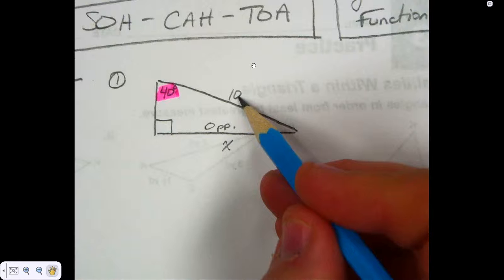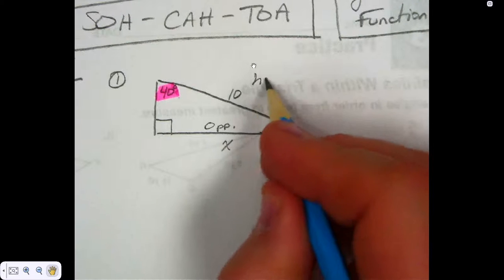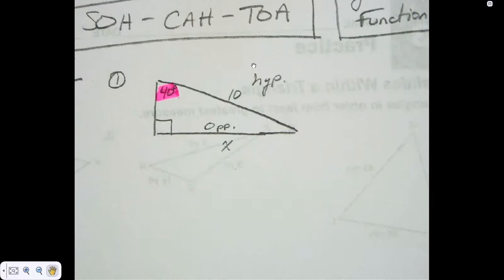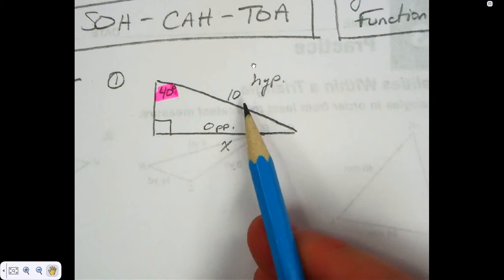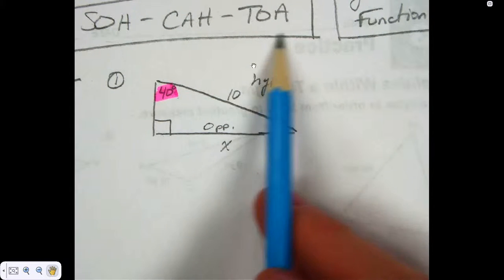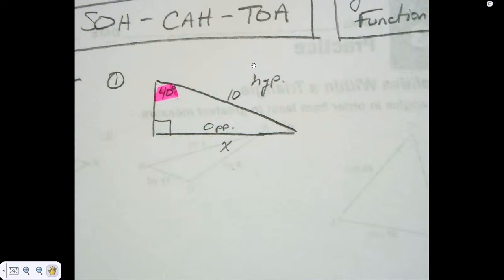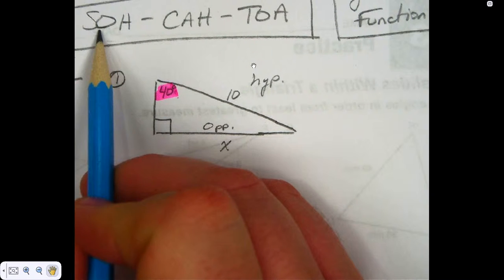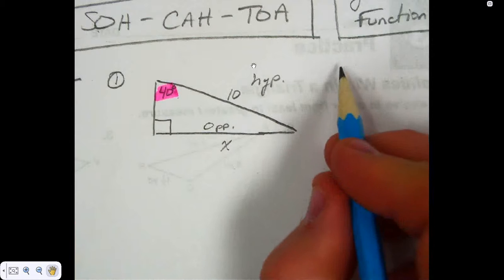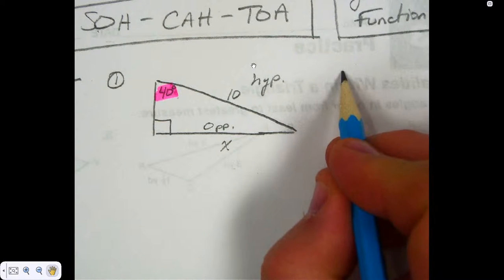What is this side with respect to our angle? So they gave you a what? O and a what? All you got to do is look up here at this and say which one has O and H. So, how would I write my trig function here?